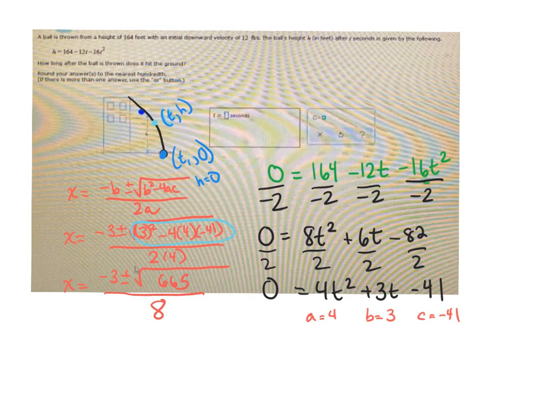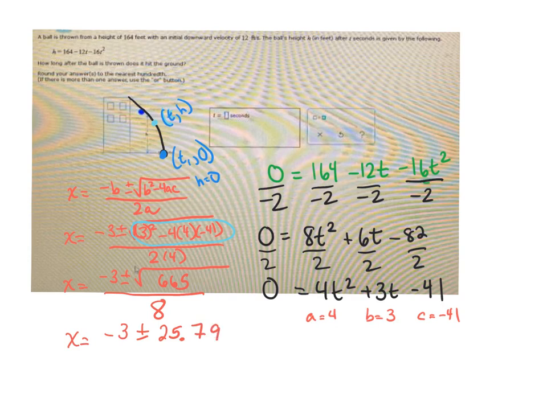And this is where our rounding comes in. In this case, it says round to the nearest hundredth. So the square root of 665, it's going to be -3 plus or minus 25.79, that's the nearest hundredth.